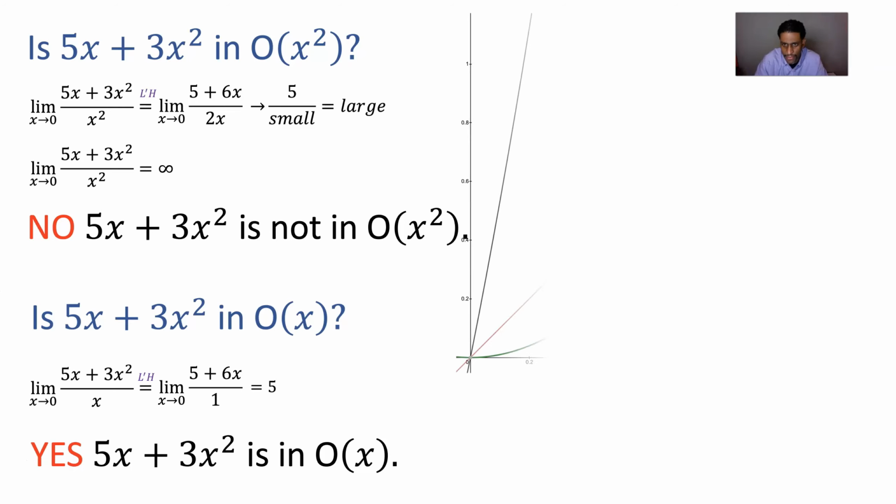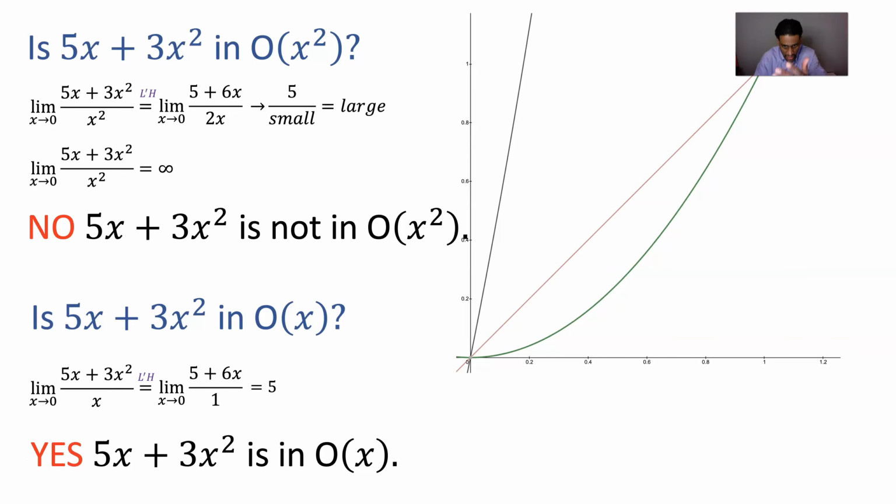Let's take a look at the graph. So the black curve, it looks like a line, but it's actually a parabola. That's your 5x plus 3x squared. And then we have our y equals x, and then we have our y equals x squared. What are we saying here? We're saying that the rate at which these functions are approaching 0 is similar.